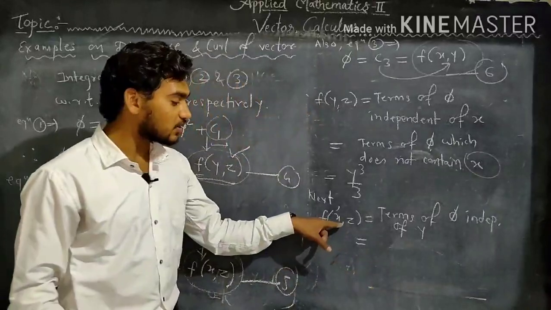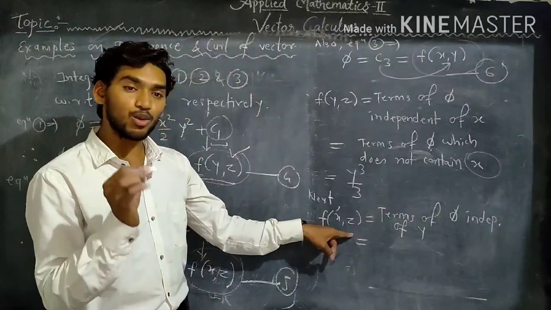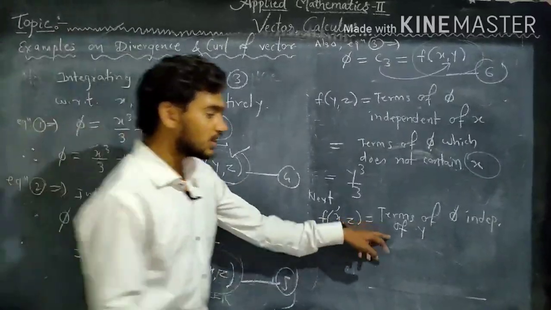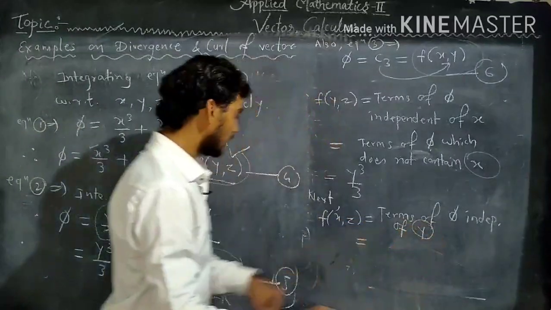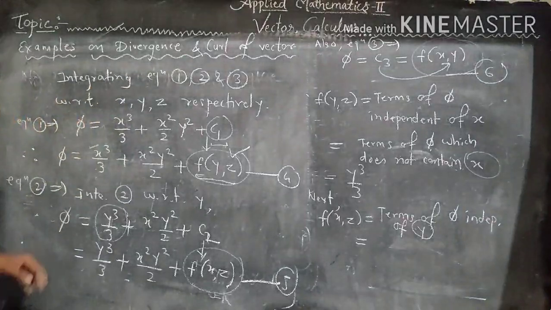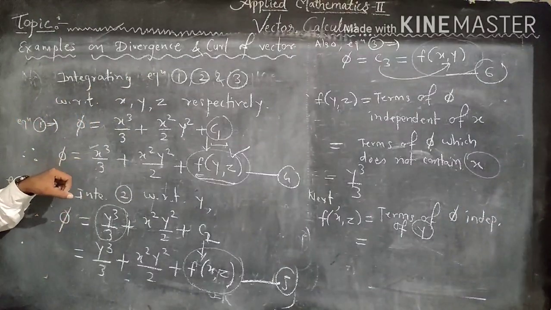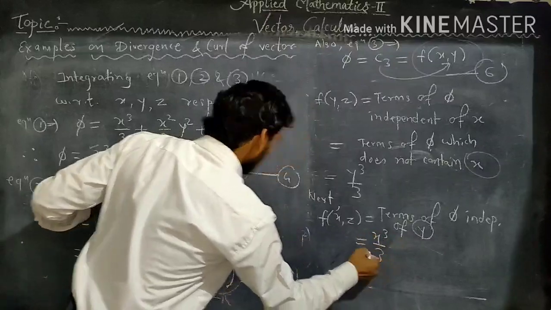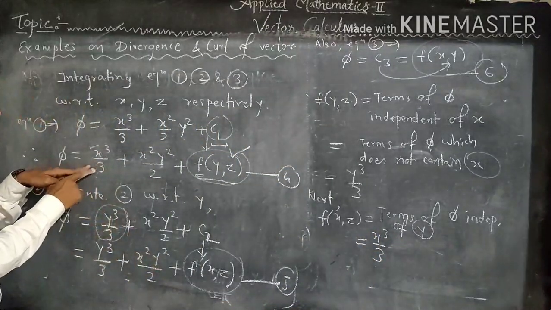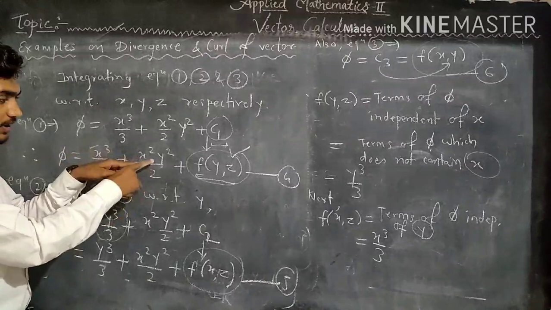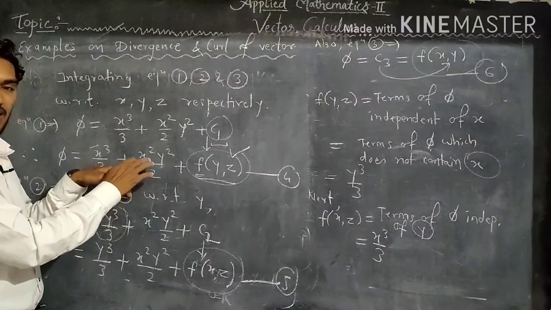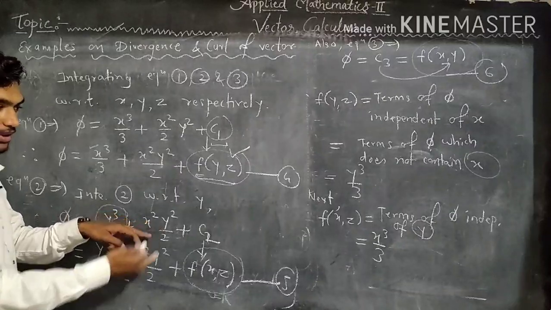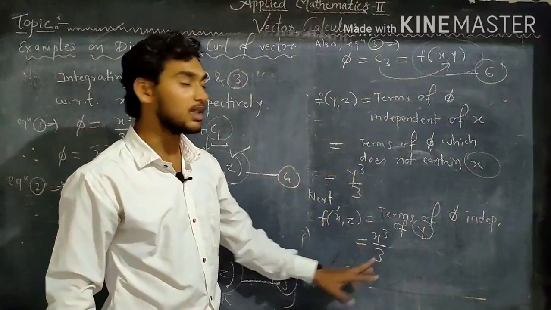So f of x comma z is nothing but those terms in equations 4, 5 and 6 which do not contain y. So it is equal to x cube by 3, because in this term y is absent. Now in this term y is present, so we will exclude this. Again here y is present, so it is equal to x cube by 3.